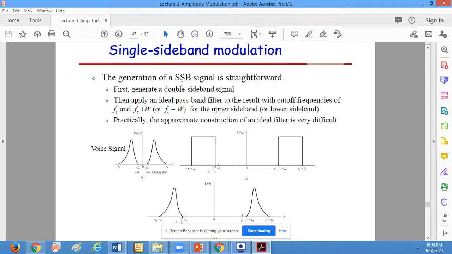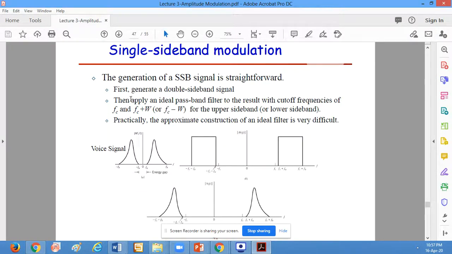The generation of the single sideband is straightforward. First, as the normal procedure, we generate the double sideband. Suppose this is the message signal, this is the Fourier transform of the message signal, and this is the response of the filter that we require.